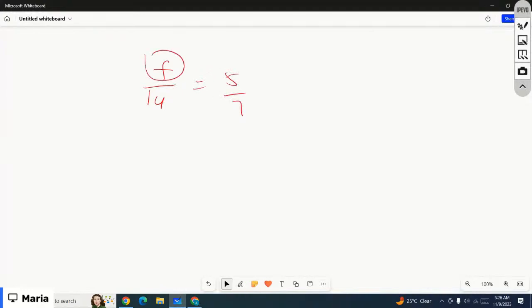So you have to evaluate for f. Just isolate the variable f, move 14 to the other side, so it would be f equals 5 times 14 over 7, right? So you can divide 14 by 7. 14 by 7 is 2, so that would be 5 times 2. So 5 times 2 is 10.